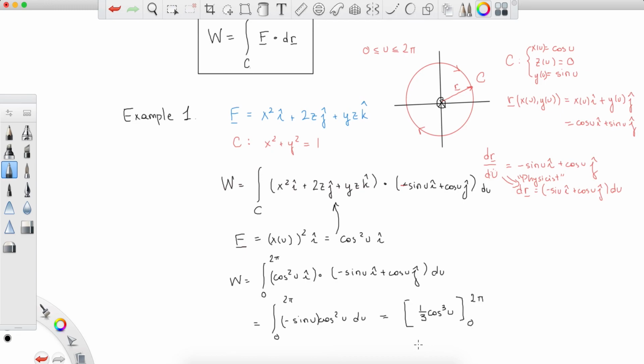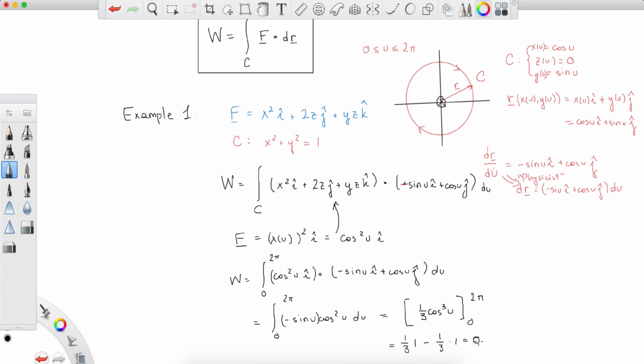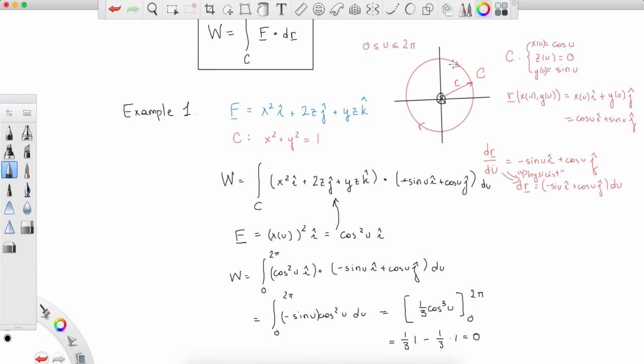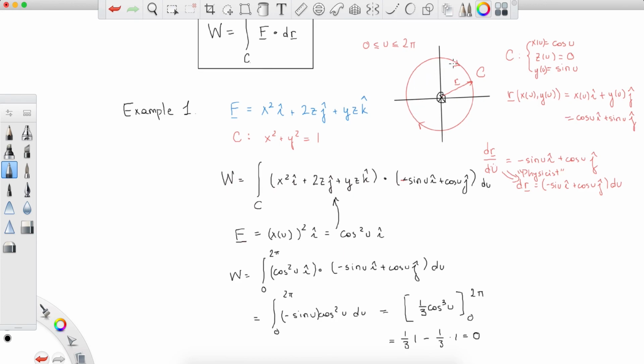And in the end, what do we find? This is a very important thing actually. We find that this work right here is cosine cubed of 2 pi is 1 minus 1/3 times 1. This is 0. This is very interesting because the work done by the force when it moves the particle along this path is 0. It doesn't do any work.